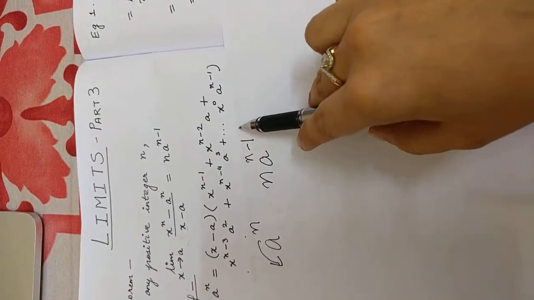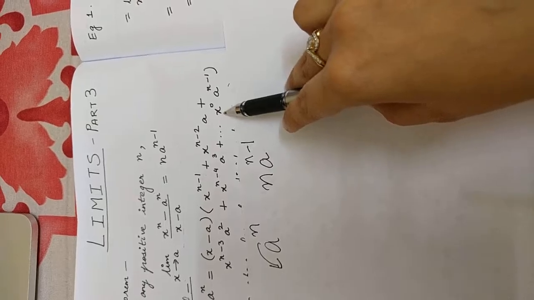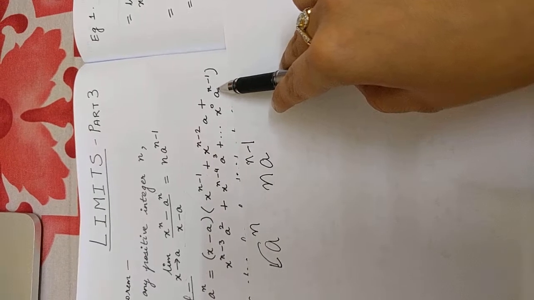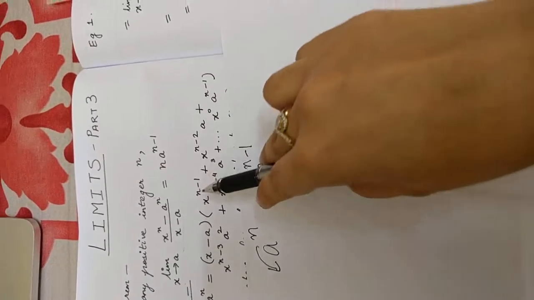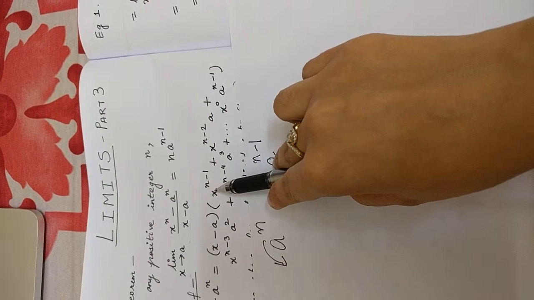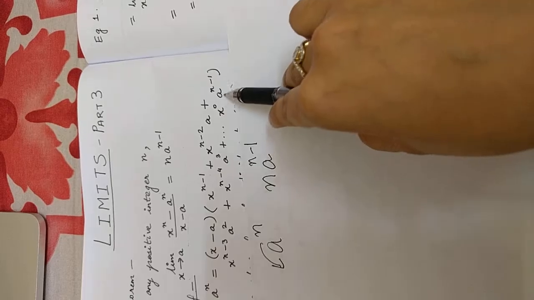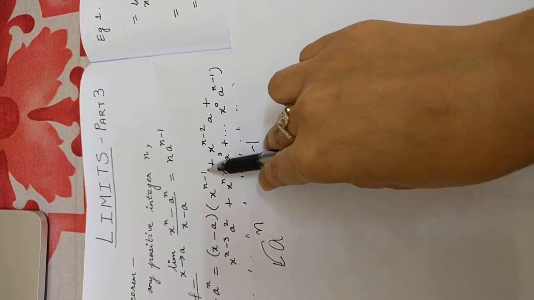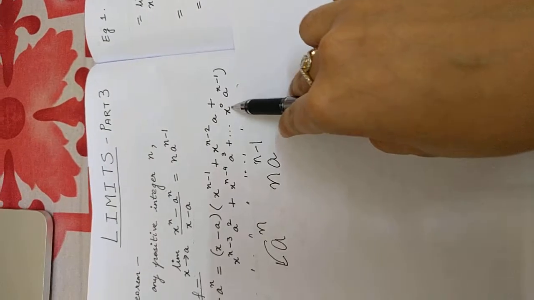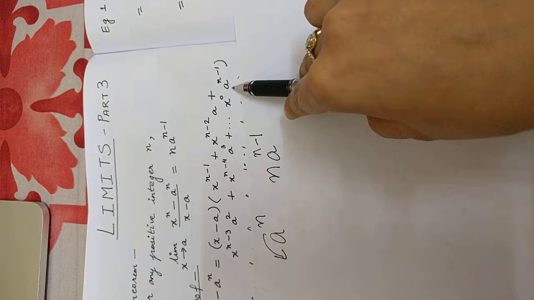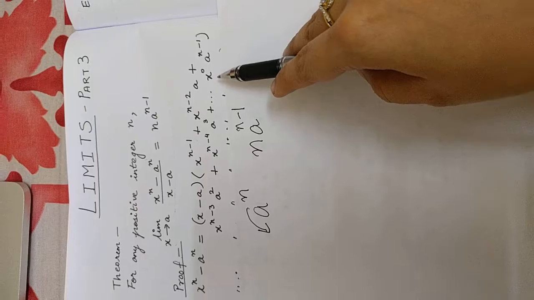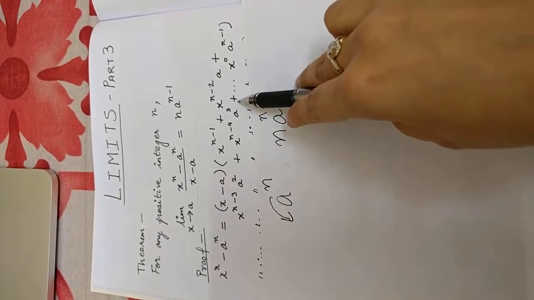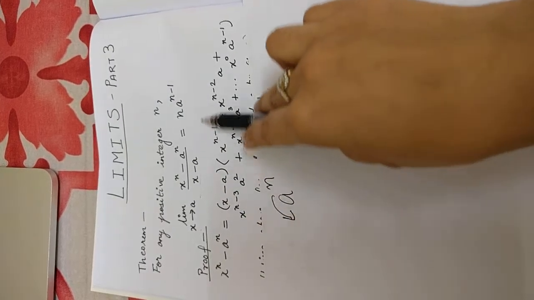Simply we'll go on, and the last will be x to the power of 0 and a to the power of n minus 1. So like the first term was x to the power of n minus 1, last term is a to the power of n minus 1. Here it was a to the power of 0, last term is x to the power of 0. Alright. So basically this is the formula, and you will have to use this formula for proving the above formula.